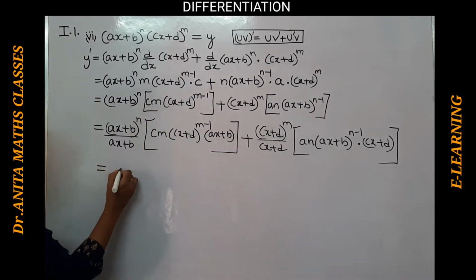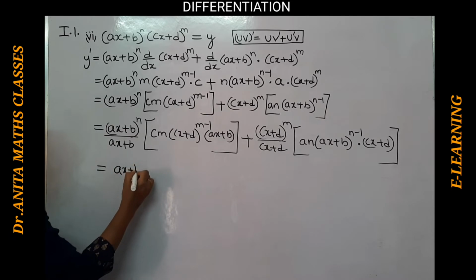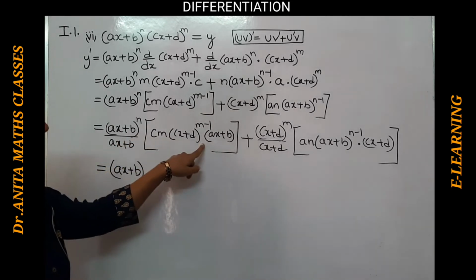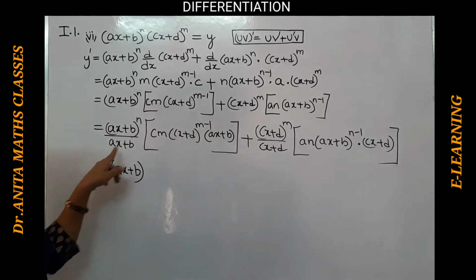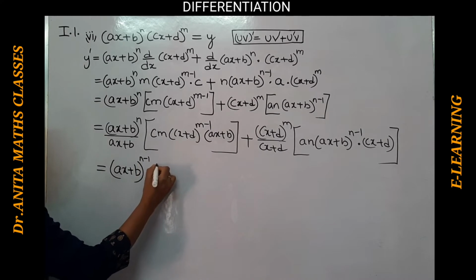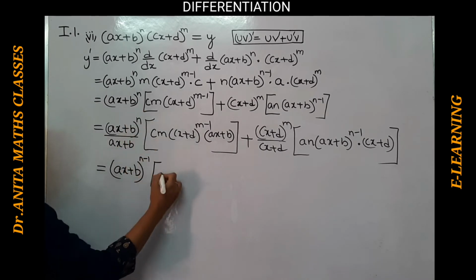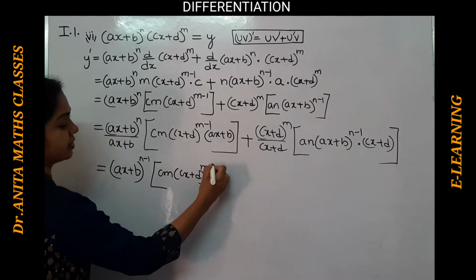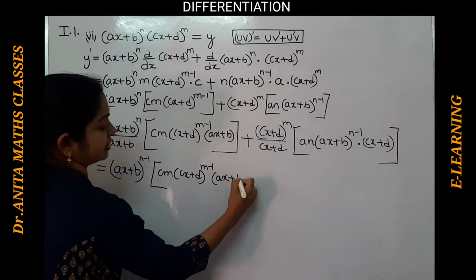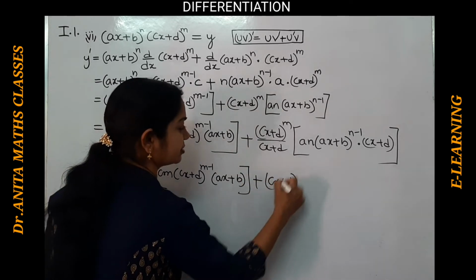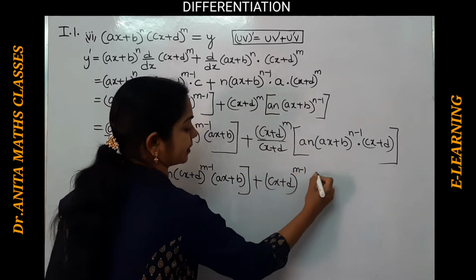So we can write this as ax plus b. Now if you shift this to the inside, these two will be getting cancelled. So let me take this as n minus 1. So that cm (cx plus d) to the power of m minus 1 (ax plus b) plus (cx plus d), here also m minus 1. Right.